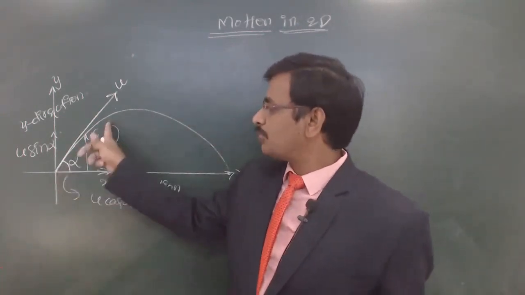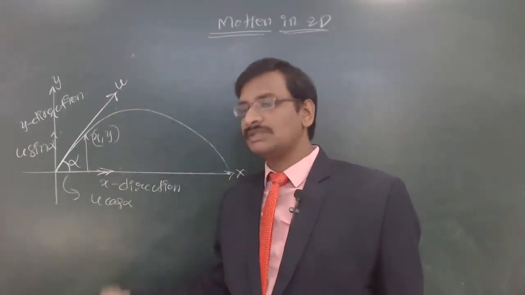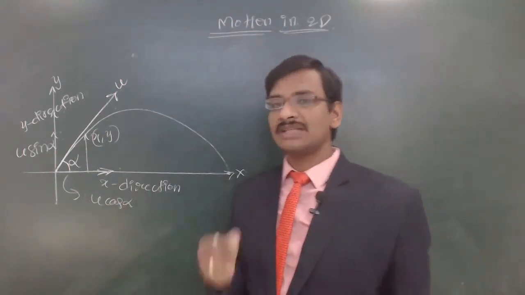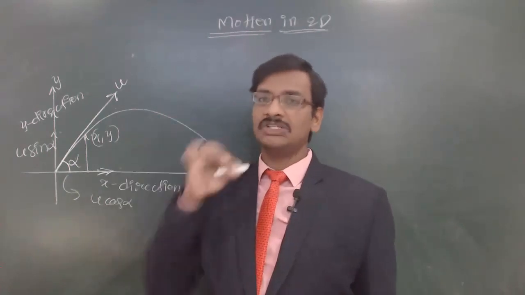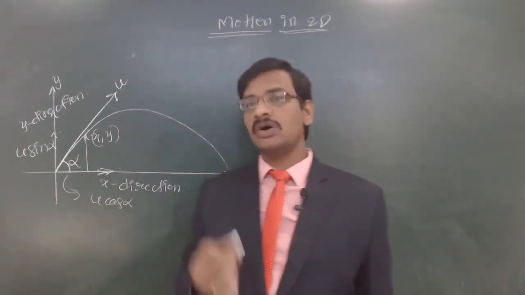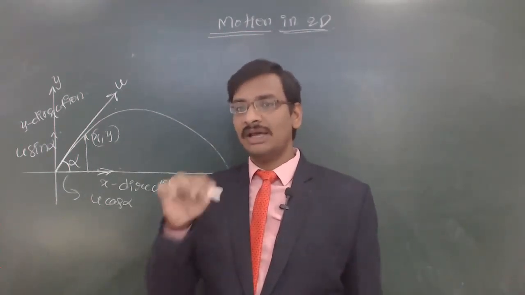Now this is a projectile, so the particle is always dragged towards the ground because of the attraction towards the ground, which we call the acceleration due to gravity. Suppose I leave this chalk piece, it automatically goes and falls down on the ground. How did it get that velocity? Because of the acceleration given by the earth.